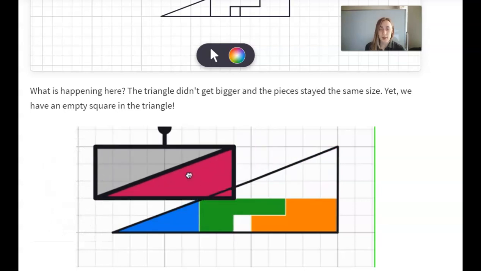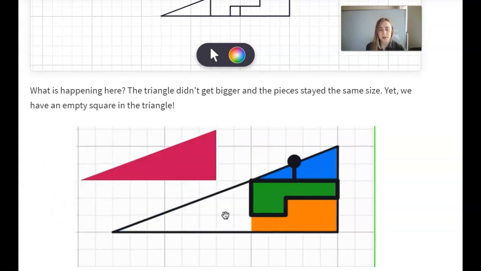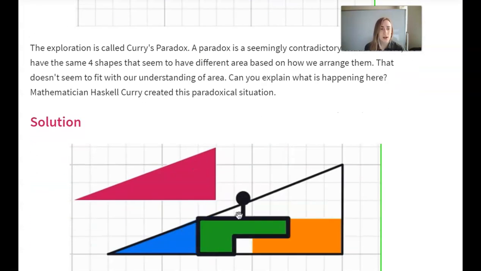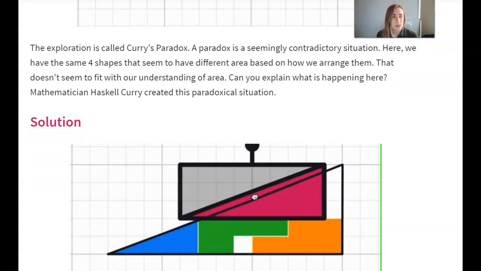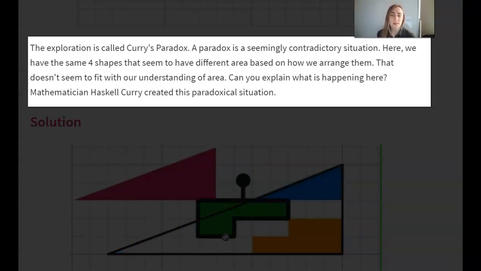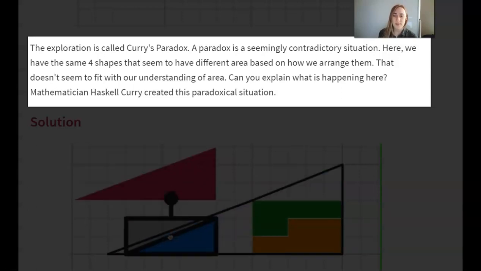And once you've thought about what you think is happening here, you can scroll down and see that this exploration is called Curry's paradox. A paradox is a contradictory situation. Here we have the same four shapes that seem to have different area based on how we arrange them. That doesn't seem to fit with our understanding of area. Can you explain what's happening here?